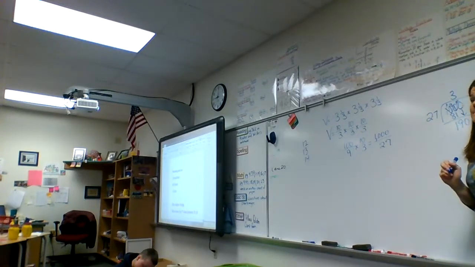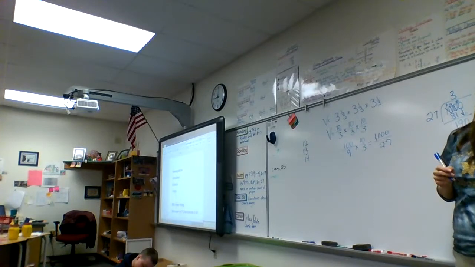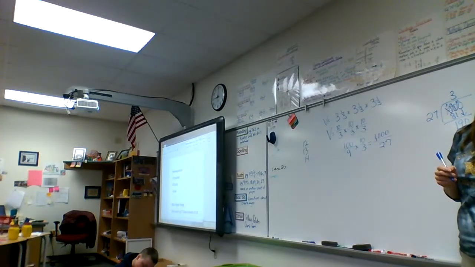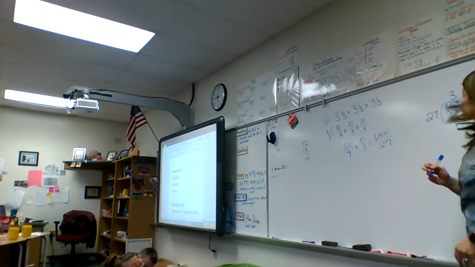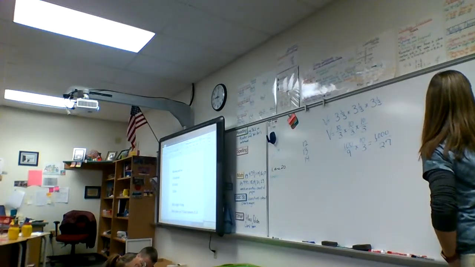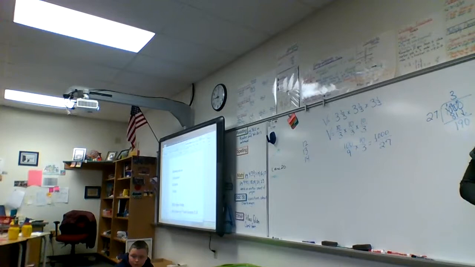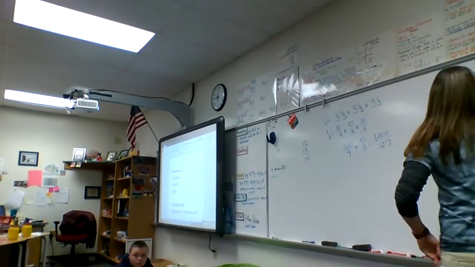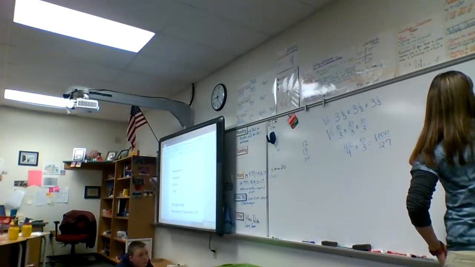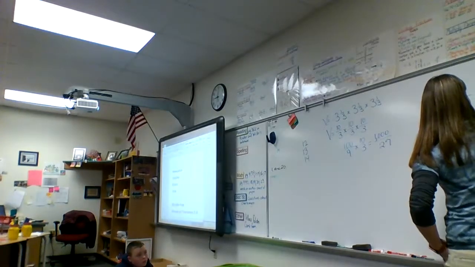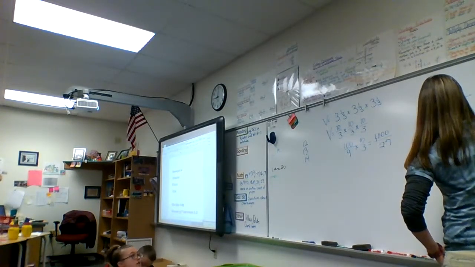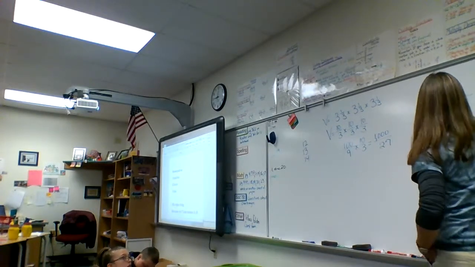You got 47. That's fine. 7 times 27: 7 times 7 is 49, 4, 14, 15, 16, 17, 18, and I get 189.